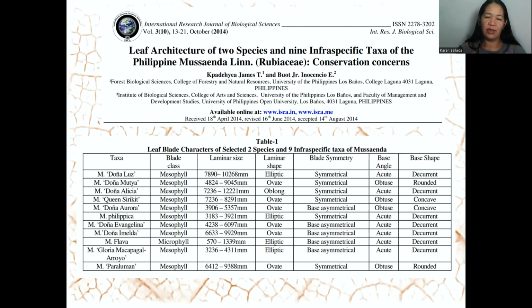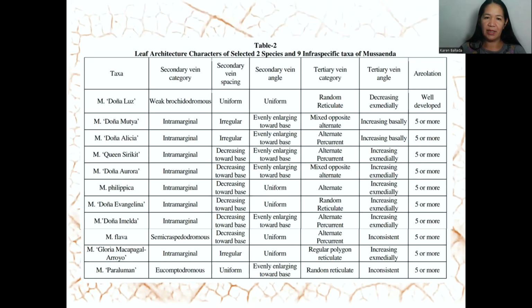The leaf blade characters of these selected species and infraspecific taxa are presented here. They are characterized in terms of their blade class, laminar size, laminar shape, blade symmetry, base angle, and base shape. Also, you have here the fine leaf characters in terms of their vein patterns.